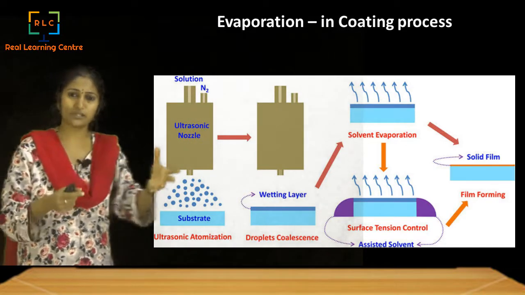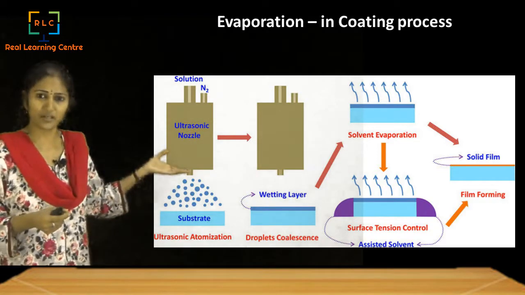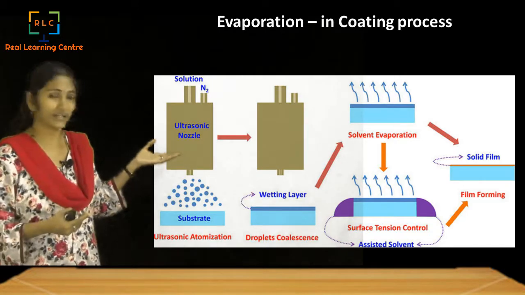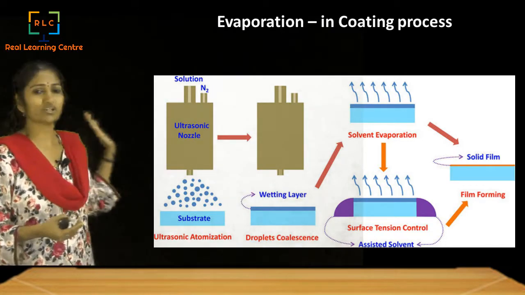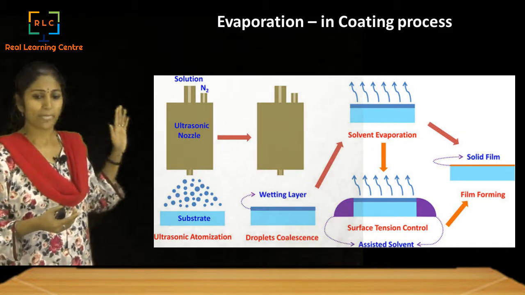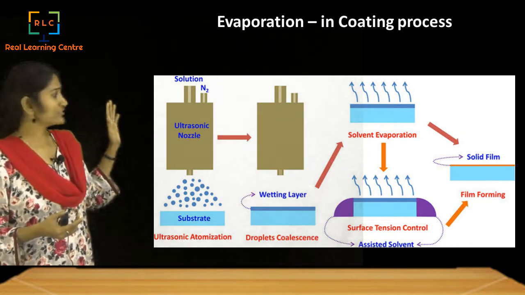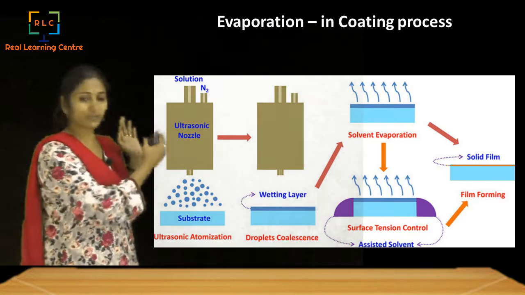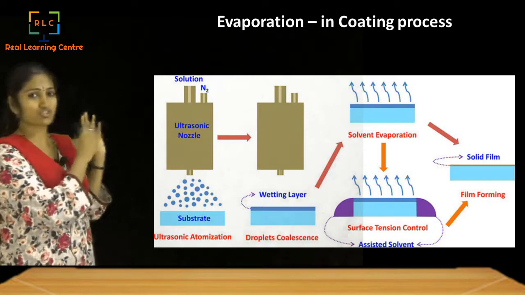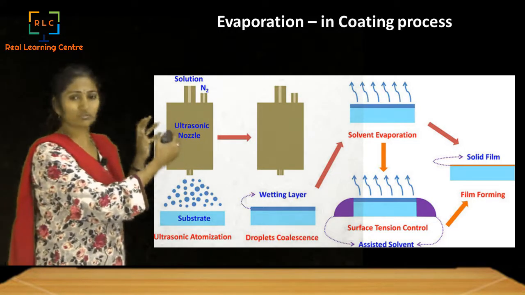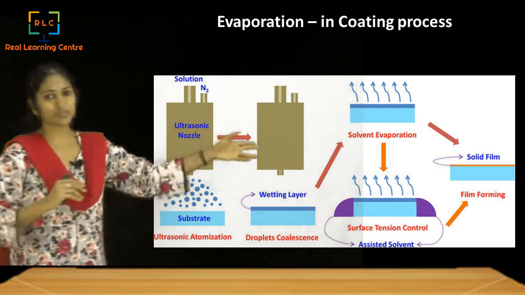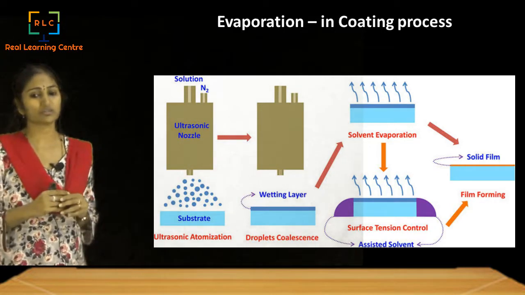Just like how we spray paint, we have some spray which can have metals or ions or many things of that kind. So I am going to put a very thin layer of metals or ions or the dye, and then we see that these droplets which are coming from a spray, which we call an atomizer in chemistry, would clog together and form a thin layer on the substrate.